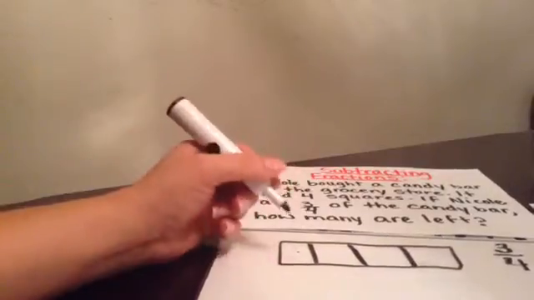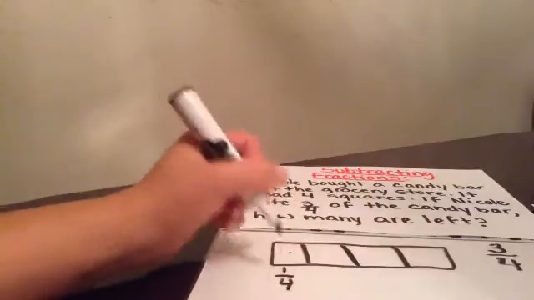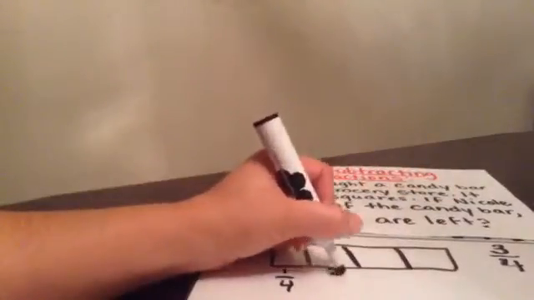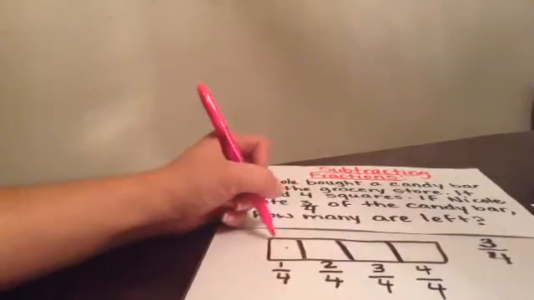Right? So now we're going to label this as a fraction. So 1/4. This is 1 square of the 4. This one's 2/4, 3/4, and 4/4. Okay? So I'm going to shade the 3 out of 4 that she ate.